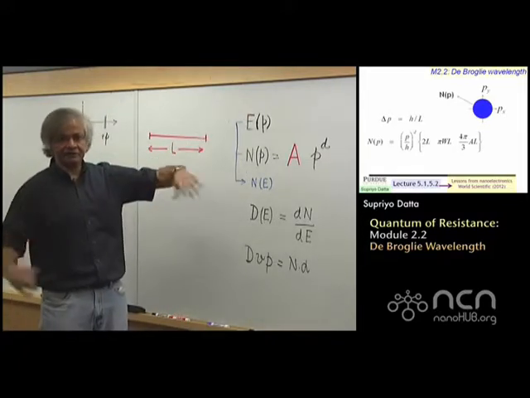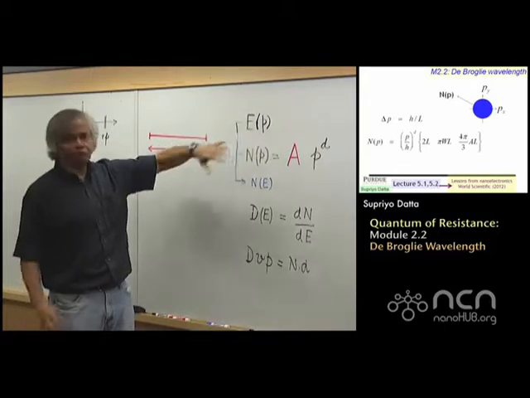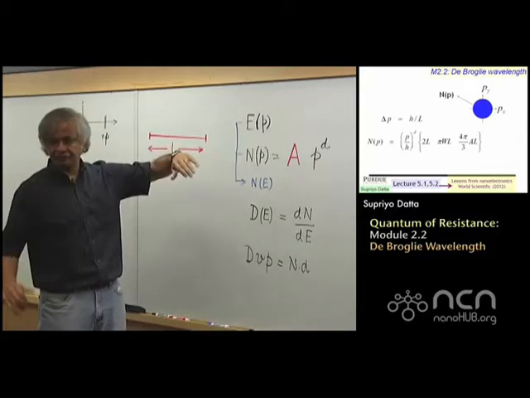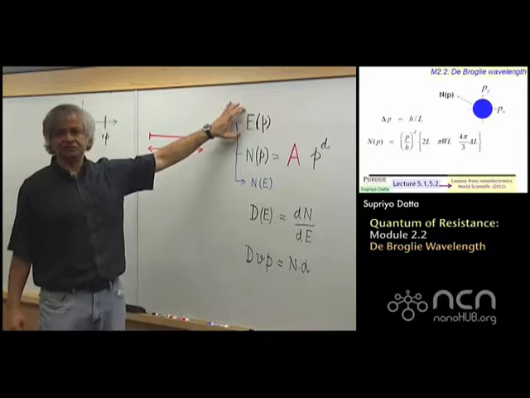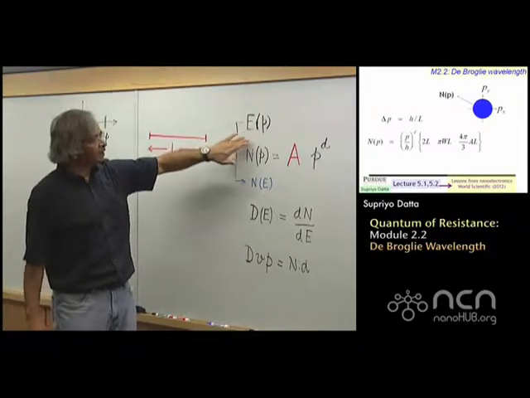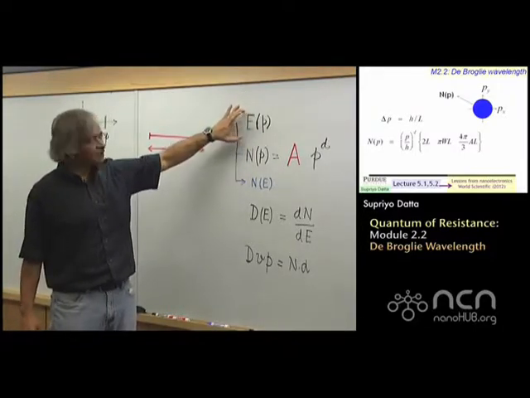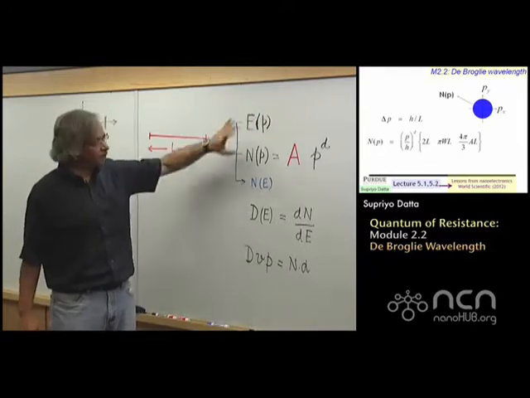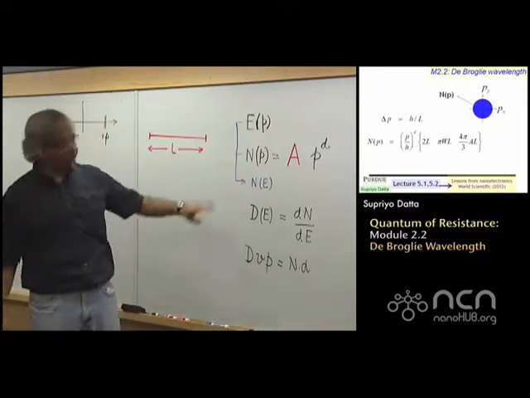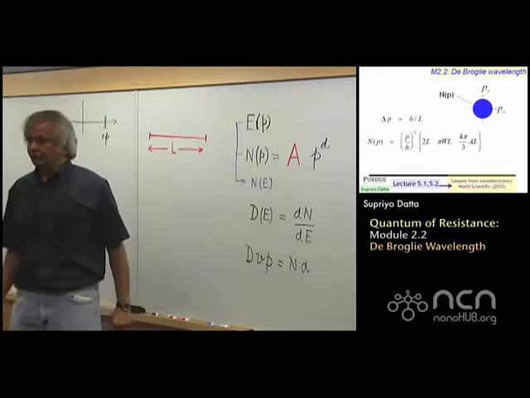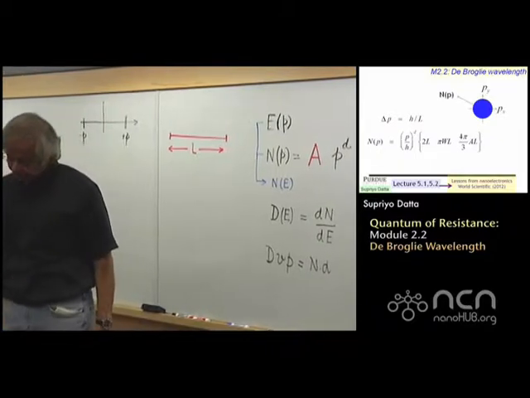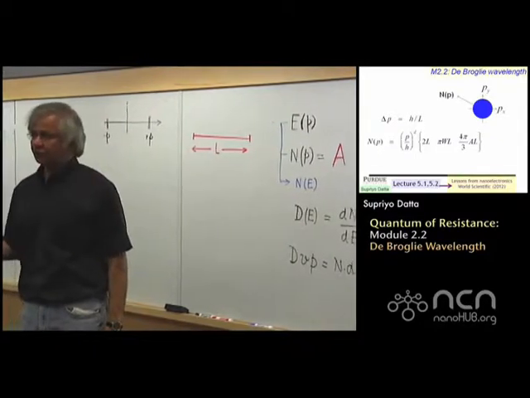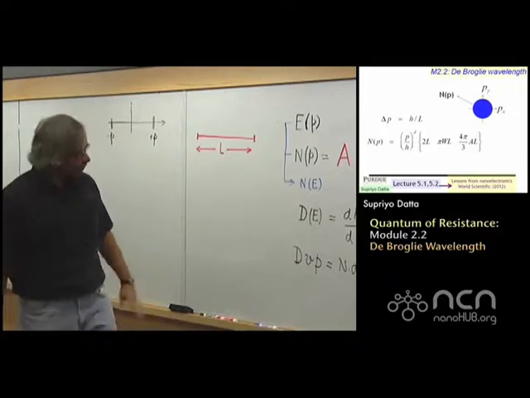That is, given a solid, we know from experiments and from other theory that electrons in the energy range of interest behave as if they have a particular energy momentum relationship. So let's say that's given. What we are talking about is, from that energy momentum relation, how do I obtain a density of states?